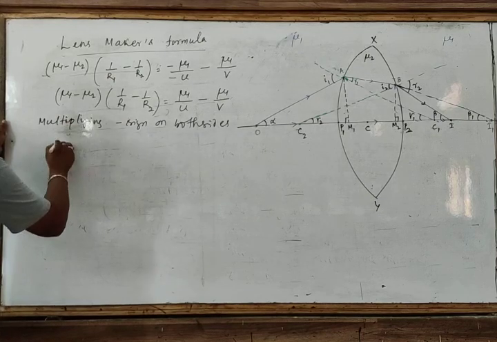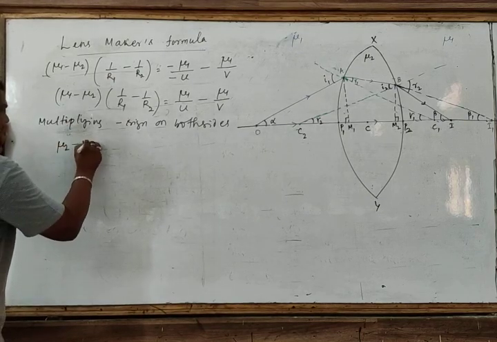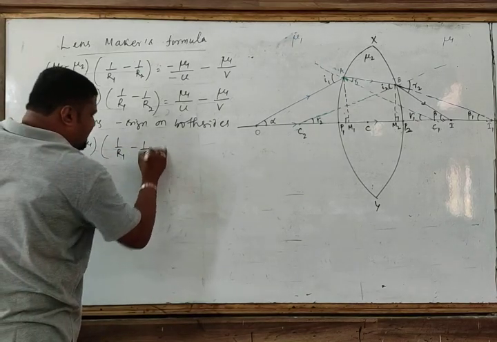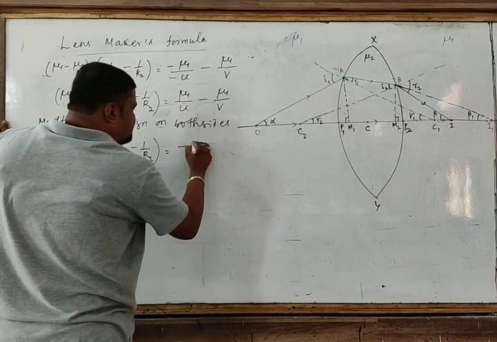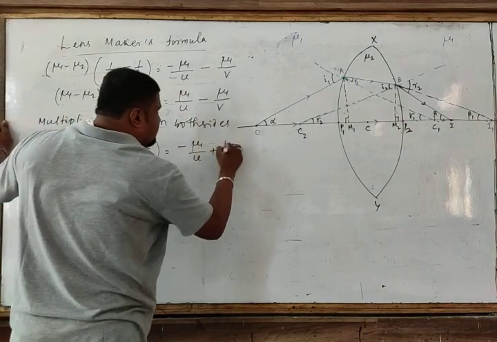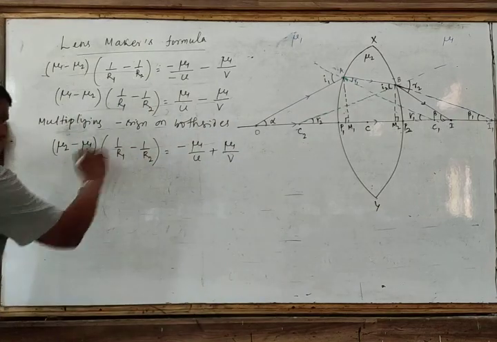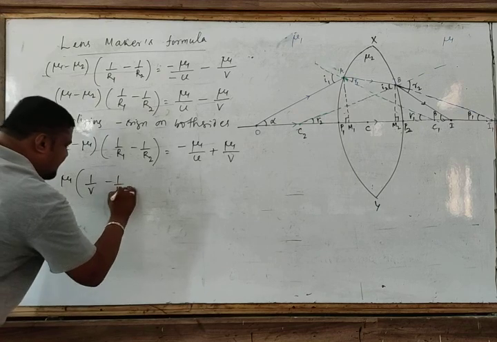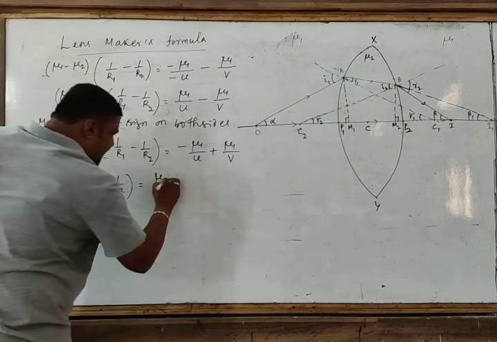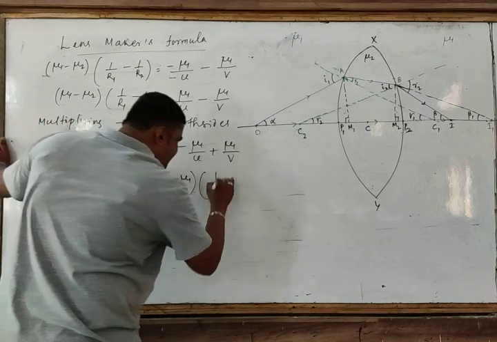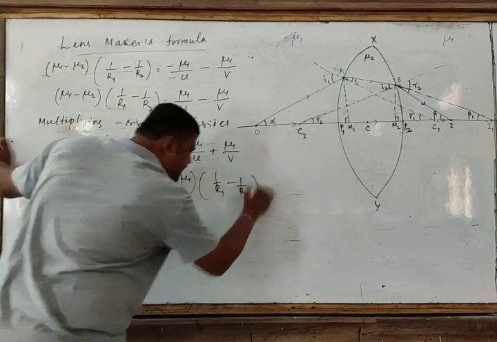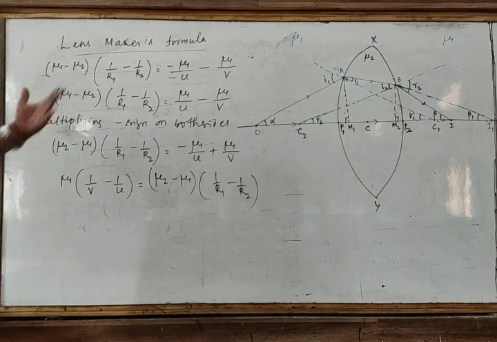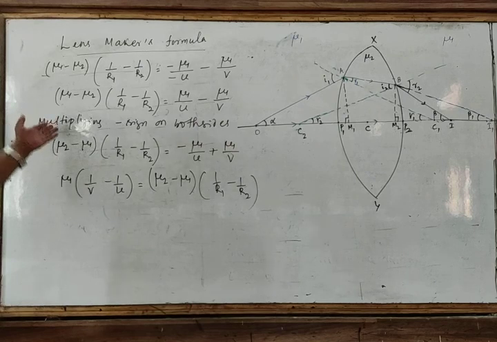Multiplying by minus on both sides: mu2 minus mu1 into 1 by R1 minus 1 by R2 is equal to minus mu1 by U plus mu1 by V. Taking mu1 common: mu1 into 1 by V minus 1 by U is equal to mu2 minus mu1 into 1 by R1 minus 1 by R2. I have taken the minus sign for convenience. In the beginning you can also subtract one from another, then you will get the direct expression.